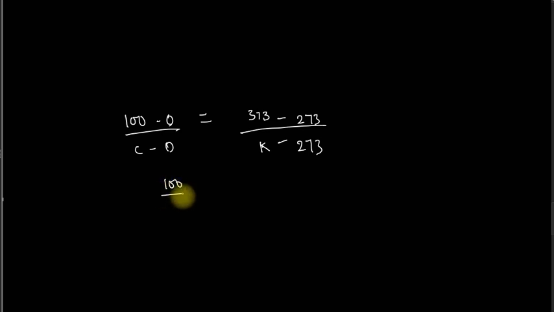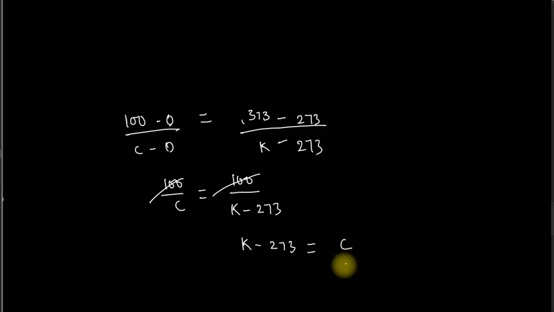So simplify: 100 over C is equal to what? 373 minus 273, you're going to get 100. And then you're going to get K minus 273. So if you cross multiply, you find out that 100 cancels out, and you're going to be left with what? K minus 273 is equal to Celsius.